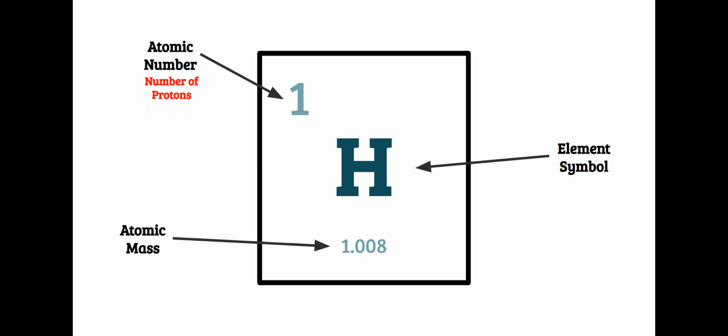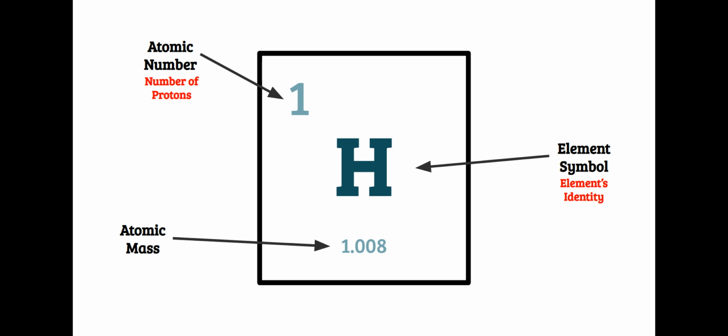Next, we have the element symbol, or sometimes referred to as just plainly symbol. It's the alphabetical abbreviation for an element. Keep in mind that it doesn't always have to be the letter that the element starts with. I just picked hydrogen because it's really simple and easy to understand, because hydrogen starts with H and its element symbol is H. And this is how you identify an element the easiest way.